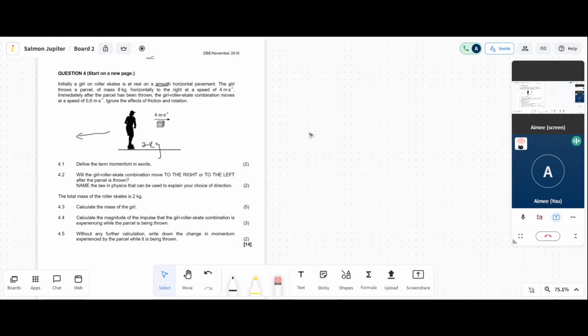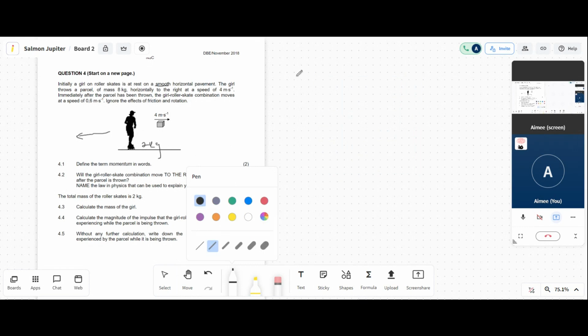So let's have a look. I'm going to do this in black. I'm going to start by writing out our conservation of linear momentum formula.